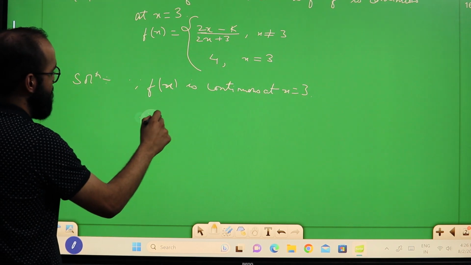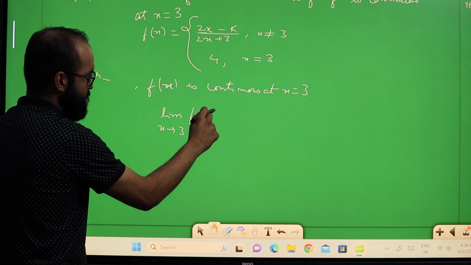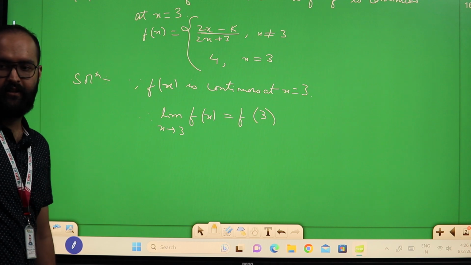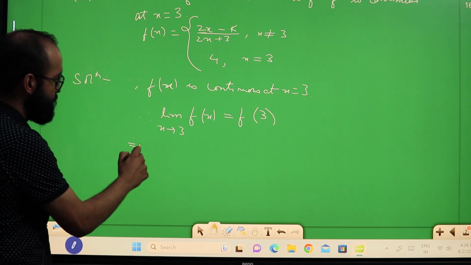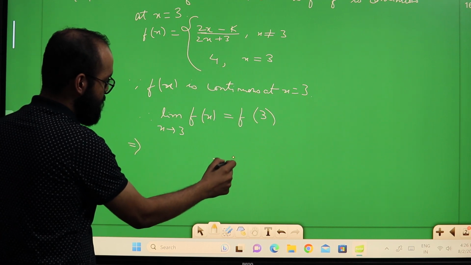Therefore, by definition, what do we have? Limit x tends to 3, f(x) should be equal to the value of the function f at 3. So now, what is the value of the function at 3? 4.